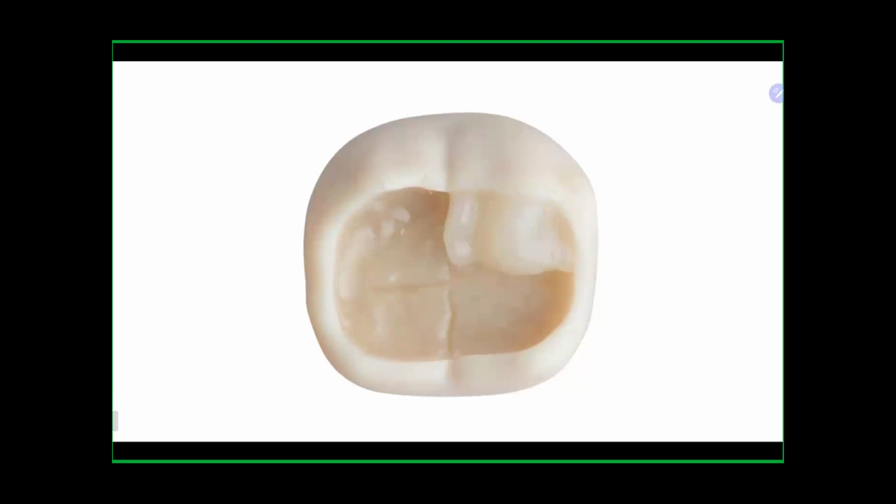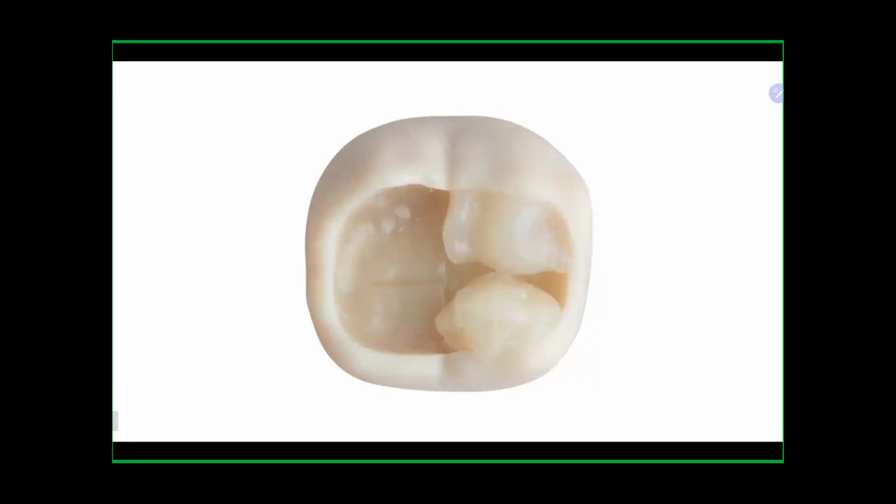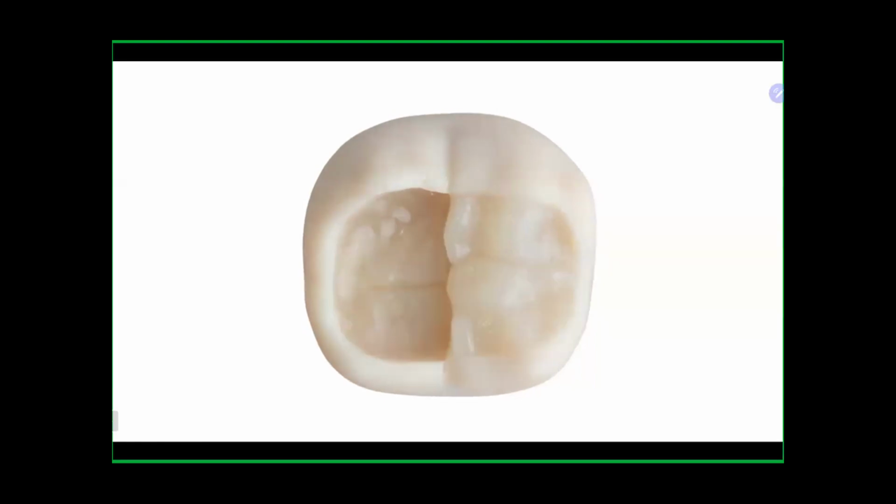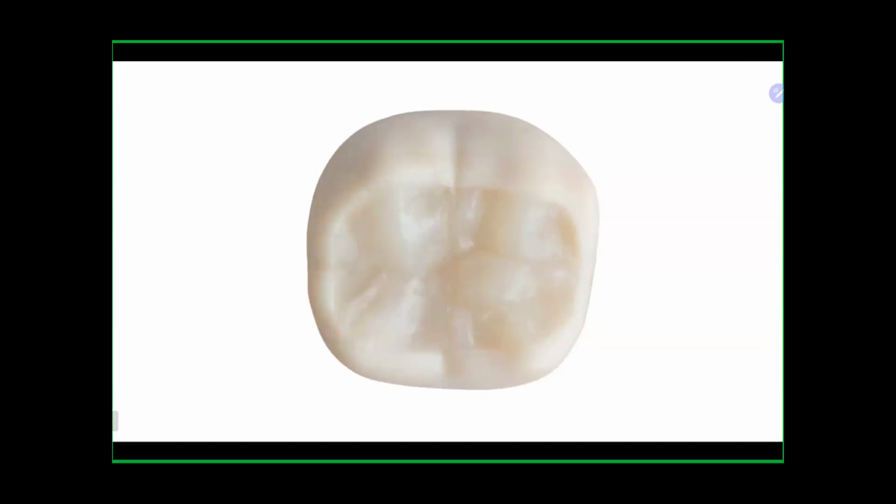Here I made these details with the brush, and then I polymerized this resin. Then I keep adding resin to other cusps. Basically, there are no secrets.